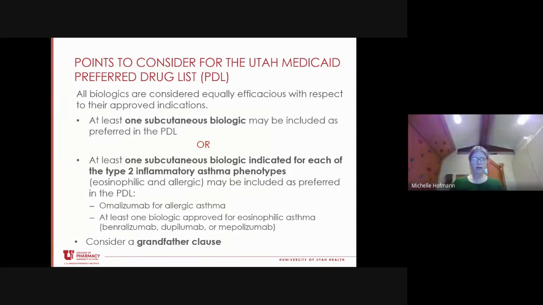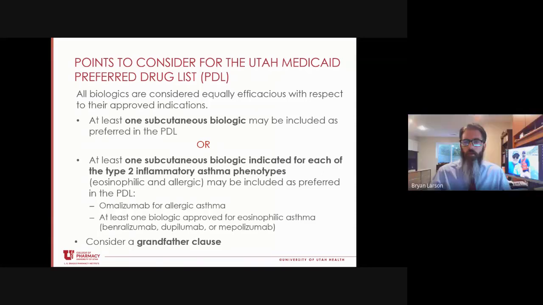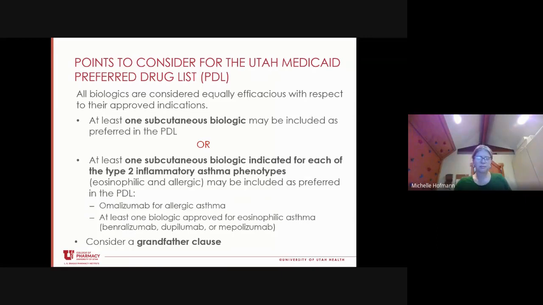Brian, do we need to make any choices among the three that are listed for eosinophilic or no? No, the department will take a look at cost and utilization and other factors and make determinations as to placement on the PDL. The only other consideration I would suggest is that if there are multiple indications, it may be useful to have that weigh into decision-making a little bit, with atopic dermatitis, given that it's common for patients to have both.